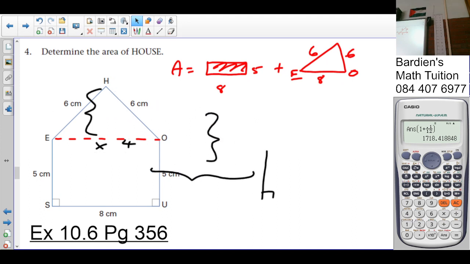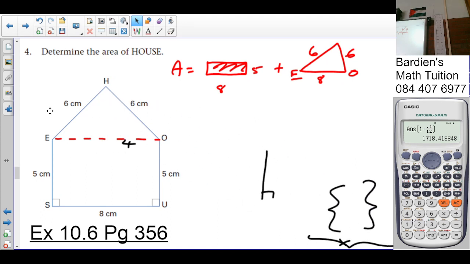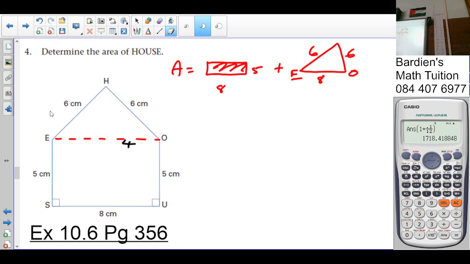If you look at what is given here, for the area of the triangle HEO, I need to know at least one angle, which is angle H. How are you going to calculate H if you've got 3 sides? Cos rule.